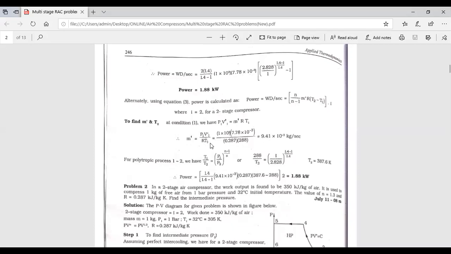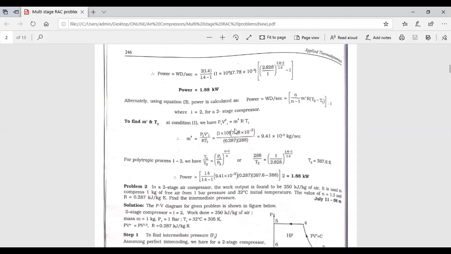T1 you have to express in Kelvin: T1 is 15 degrees Celsius, so 15 plus 273. After simplifying, we get 9.41 into 10 to the power of minus 3 kg per second of mass flow in the compressor.